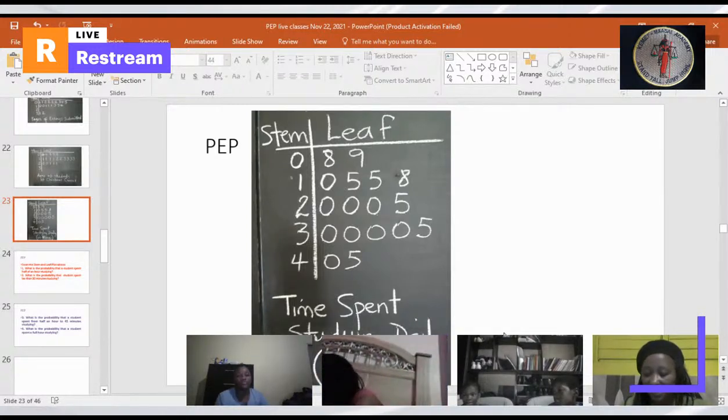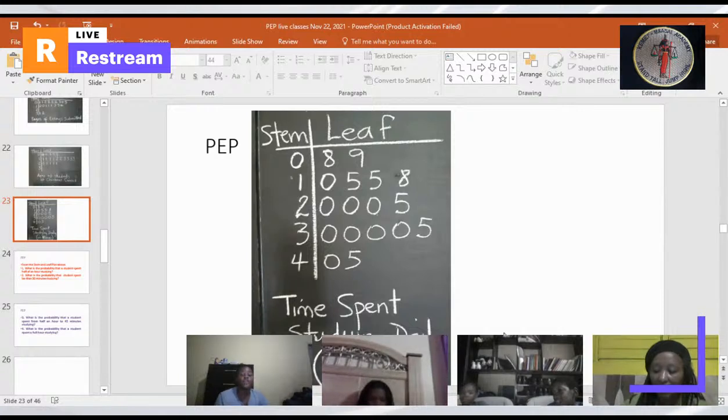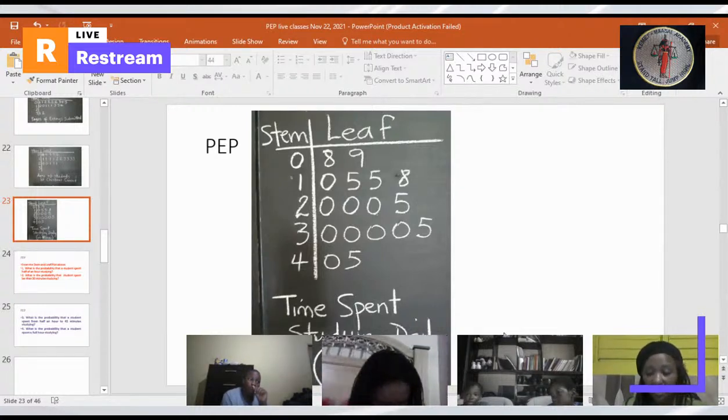So in this case, we had 17 different times. So for the probability of a student studying exactly 30 minutes, we'd have to find how many 30 minutes were given and put that over the total 17 answers that were given. So how many students said that they studied for 30 minutes?